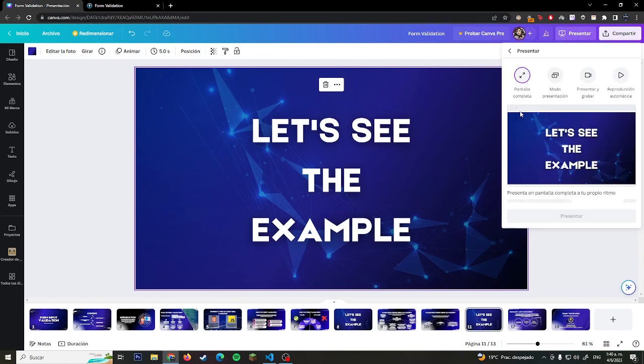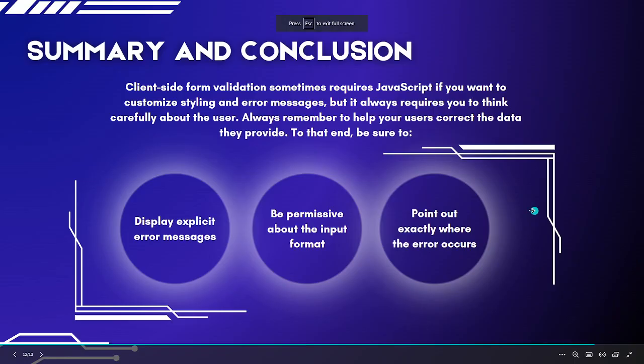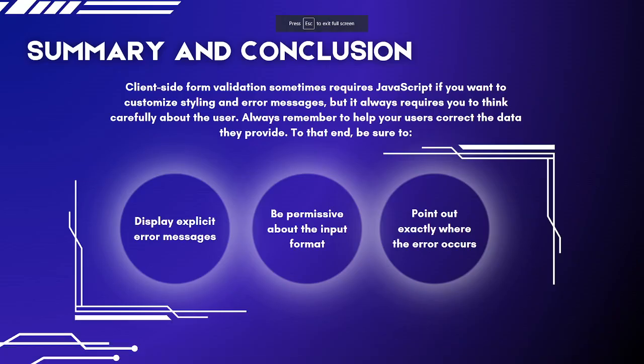Let's continue with the presentation, and we get to the summary and conclusion. For concluding, client-side form validation sometimes requires JavaScript, but this is mostly if you want to customize styling and error messages, but it always requires you to think carefully about the user. Remember that this option is to improve the user experience, so always think about the user.